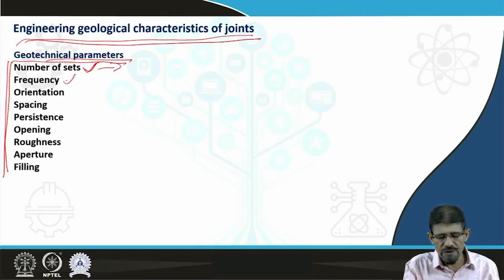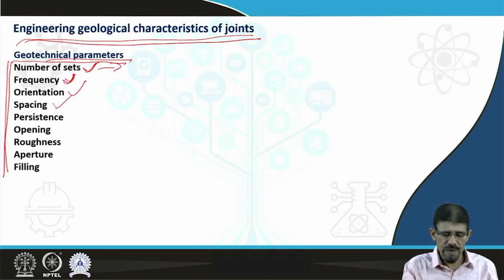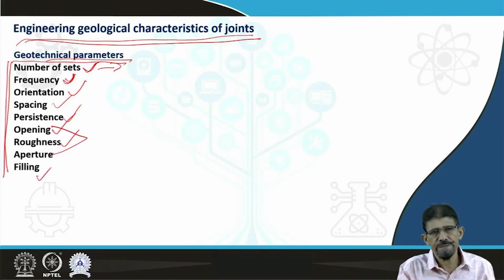Then the frequency of joint, then orientation of joint, then spacing of joint, then persistence, then opening, then roughness, and a special category of opening is aperture, then filling.